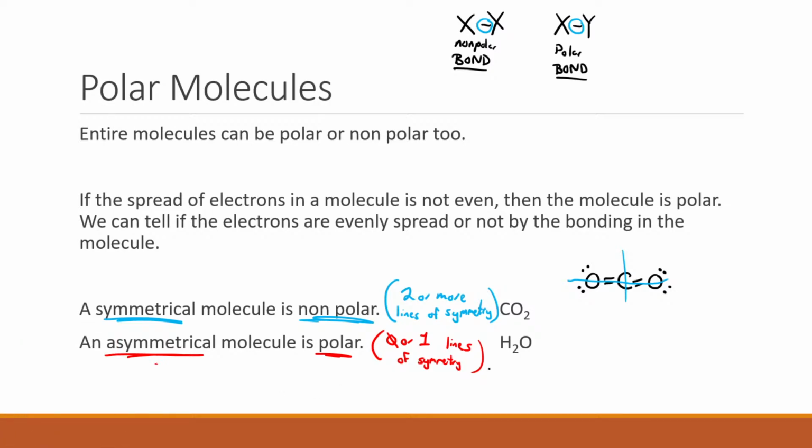And so when we look at something like water, which if we remember looks like this, and we draw lines of symmetry, we're only able to get one diagonally through the middle like this. This is a polar molecule. The electrons are not shared equally in this molecule. They bunch up somewhere in the molecule. Carbon dioxide is a nonpolar molecule because of those multiple lines of symmetry.